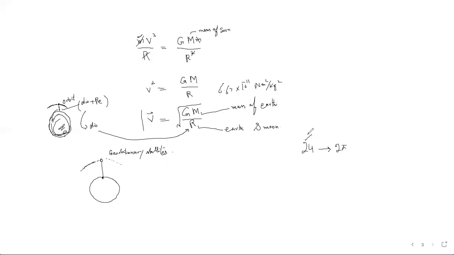Then we can calculate its position, this r, how far it should be, using this information and this formula, and then we can estimate where our satellite must be if we push or fire this object at that place, and then we can find the velocity of the object. Okay, understand?